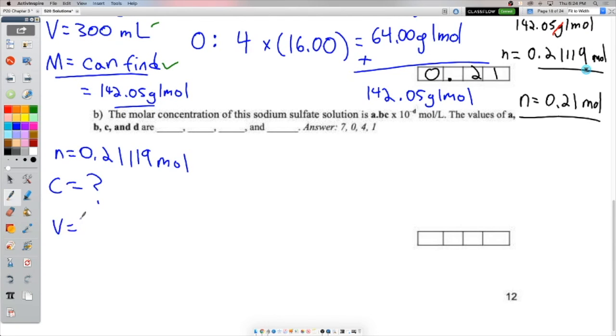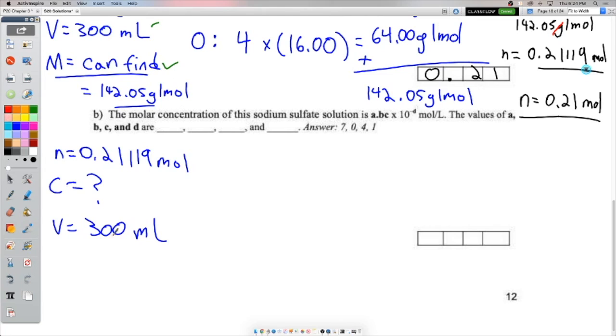So V equals 300 milliliters. Now, careful, an alarm should be going off in your head saying we're doing molar concentration. We are using C equals N over V, and our volume isn't in liters.